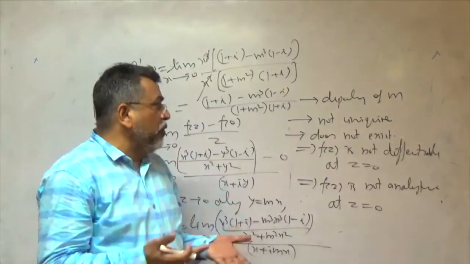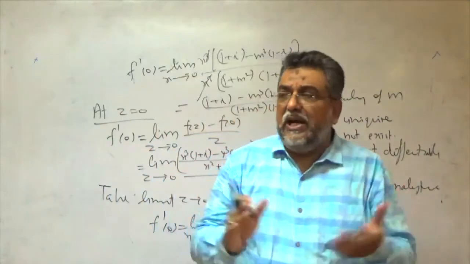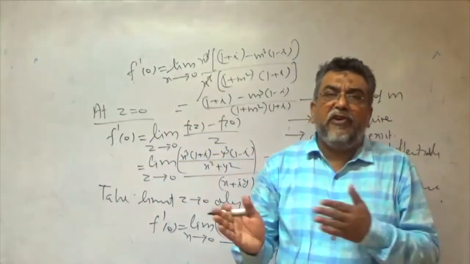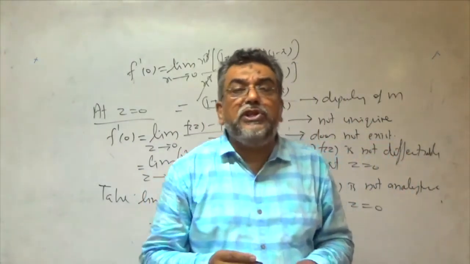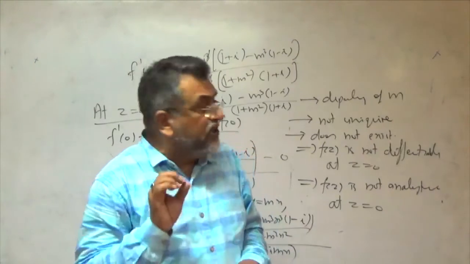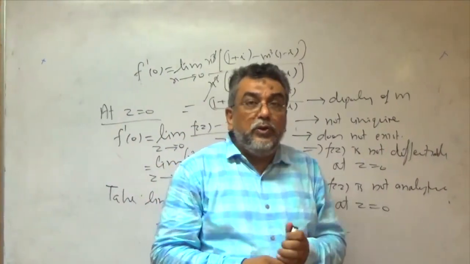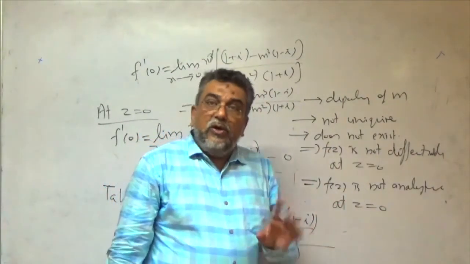Now, some question may arise from your side. You say that the CR equation is a necessary and sufficient condition for a function to be analytic. Okay, but at a particular point, we have to see by the definition that the function is differentiable at a point as well as in the neighborhood of that point. So due to this property, the function is non-analytic.